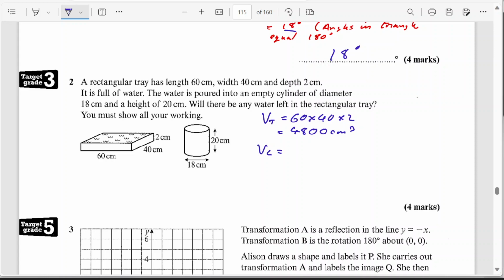Now I need to work out the volume of the cylinder, and this is where I think I'm going to need a calculator. So the volume of the cylinder is going to be the area of the circle, so pi r squared, times by the height. So in this case, it's going to be pi times by the radius, which is 9 squared, times by the height, which is 20.